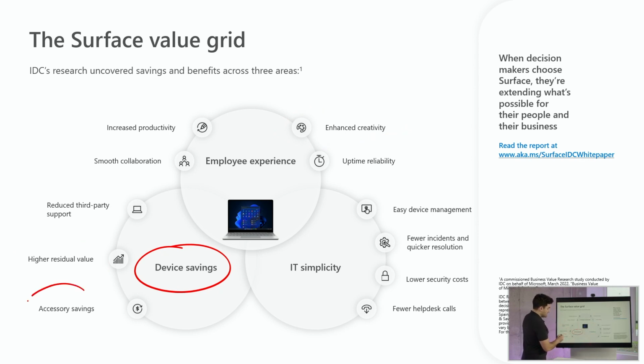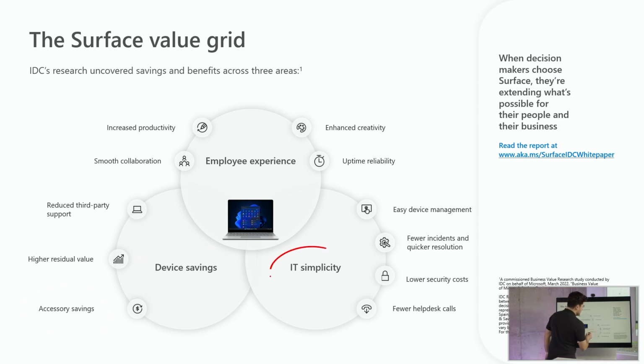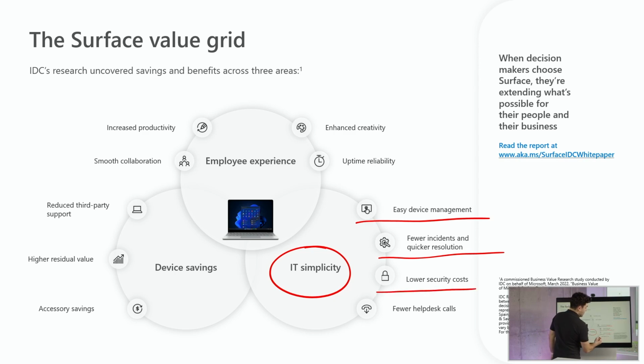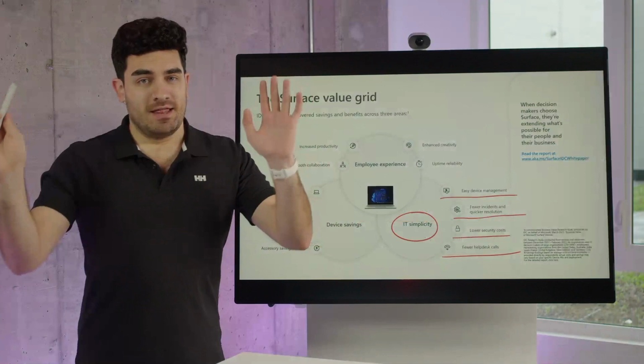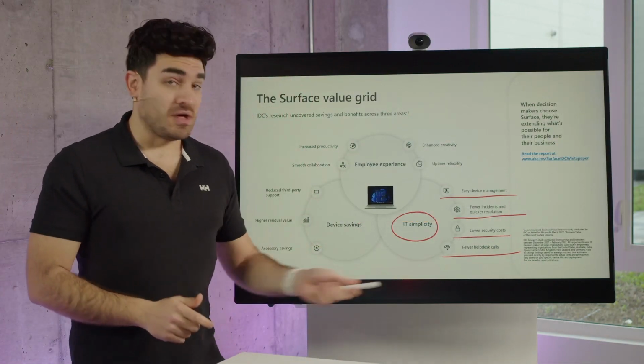And because Surface is just better at some things, like microphones, cameras, there is some savings there in reduced accessories. IT simplicity is a huge one that drives our research. Easy management of the devices, reduction in help desk tickets submitted to your IT teams, lower security costs, fewer help desk calls.